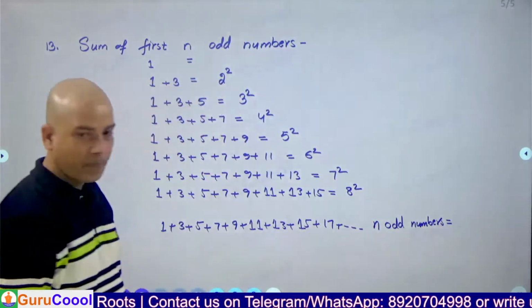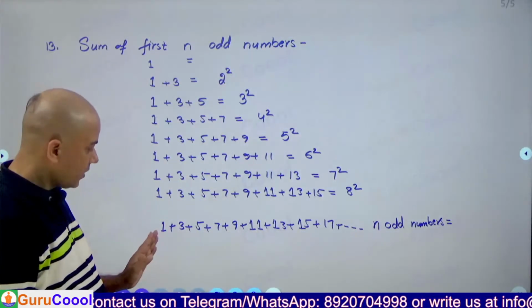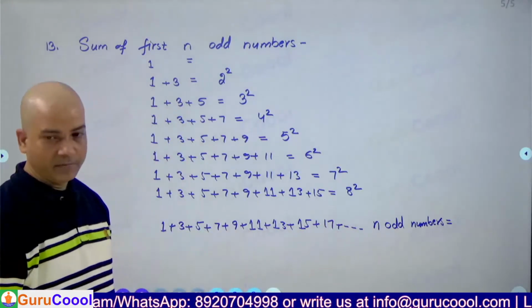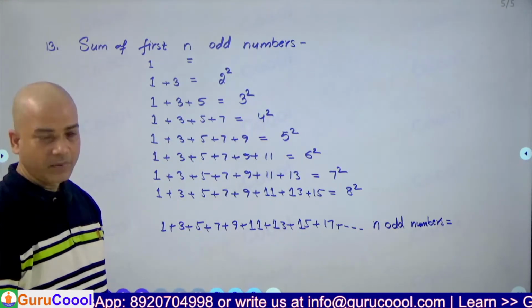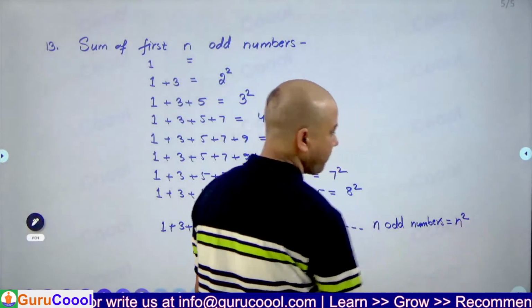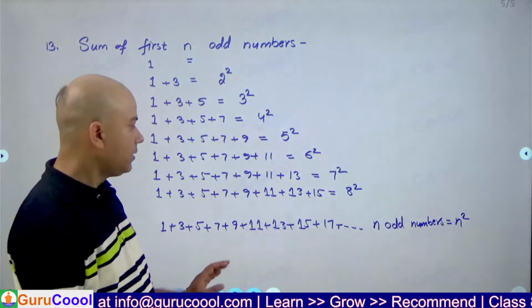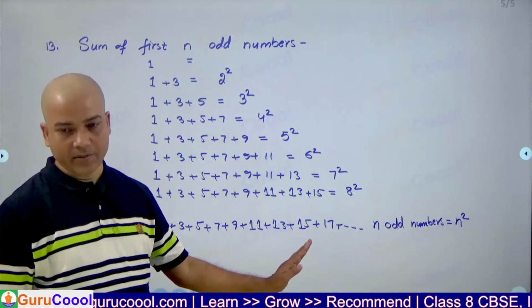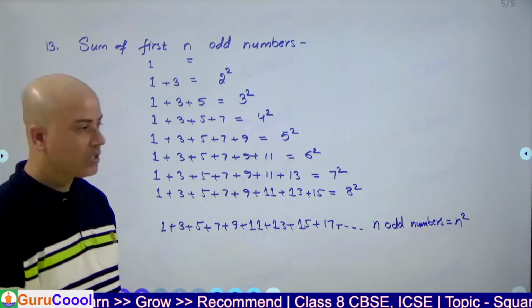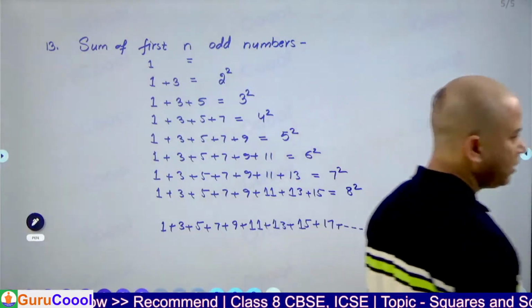So easy. In the last line we are taking how many odd numbers? N odd numbers. So what will be the sum? N square. Just count how many odd numbers are there and square it.